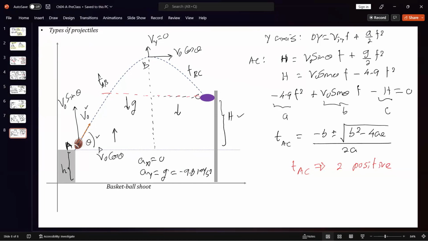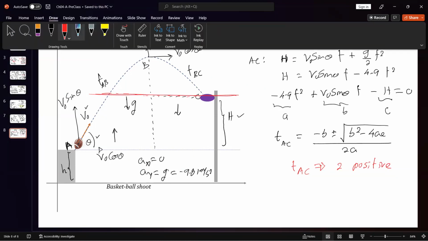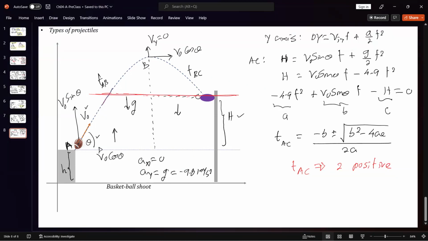The reason is, if you look at this line, this is the level where the basket is. Through that line, the projectile path is cut at two different locations, right? This is the projectile path here, it cuts here, and this is the projectile path here, it cuts here.